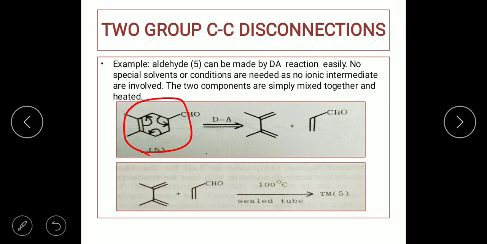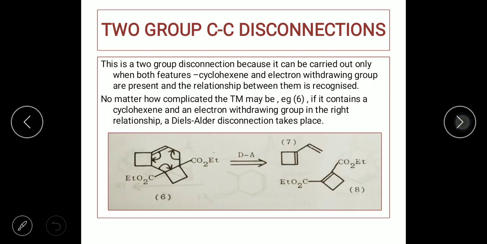Once you have the cyclohexene, you start the movement of electrons from the alkene, the cyclohexene double bond, and there is a concerted movement of the arrows, which gives rise to the dienophile and also the diene. So this is the subsequent synthesis, using a temperature of 100 degrees Celsius, and you get the target molecule, the aldehyde.